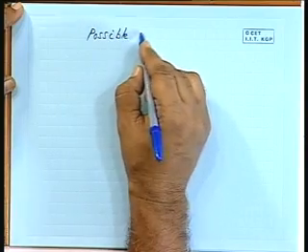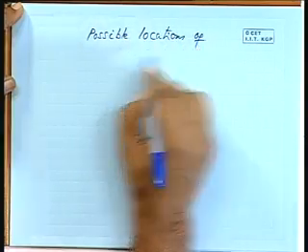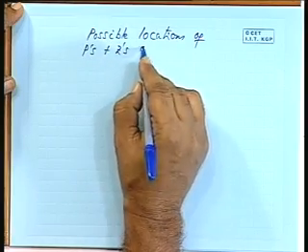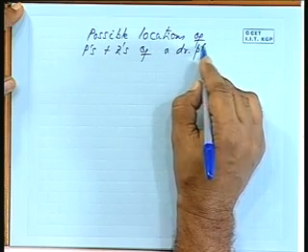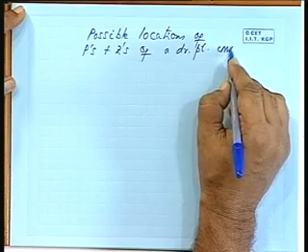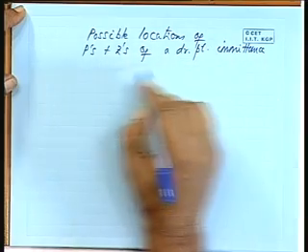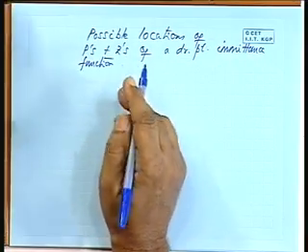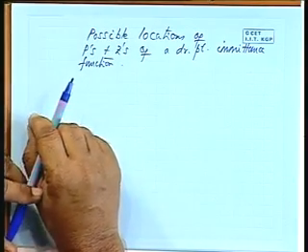of poles and zeros, possible locations of poles and zeros of a driving point immittance function. What do you mean by immittance function? It is either admittance or impedance, a general G(S), Z(S) or Y(S) function.